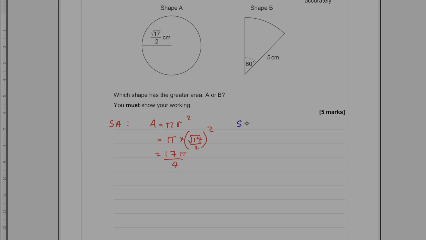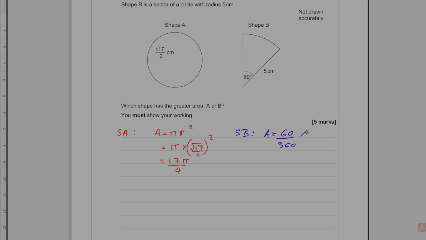Shape B is a sector, so the area of that is going to be equal to 60, the angle, divided by 360, times pi r squared. 60 divided by 360 will simplify to 1 over 6, times pi times 5 squared, which would be 25 over 6 pi.